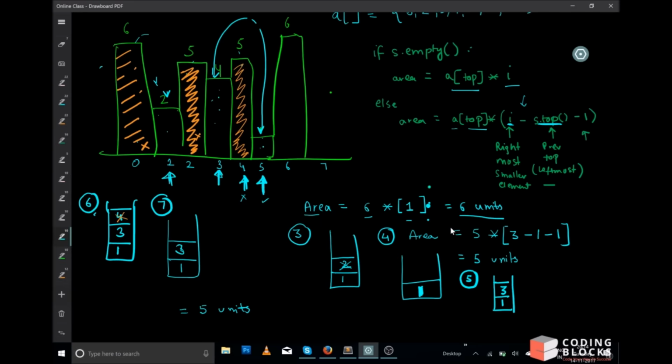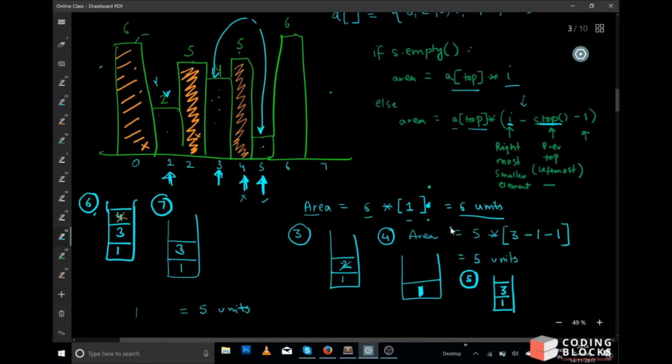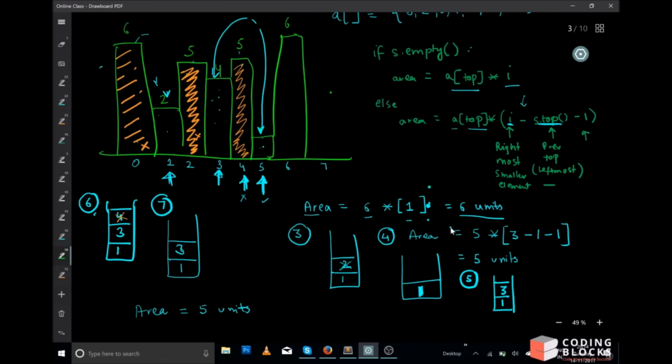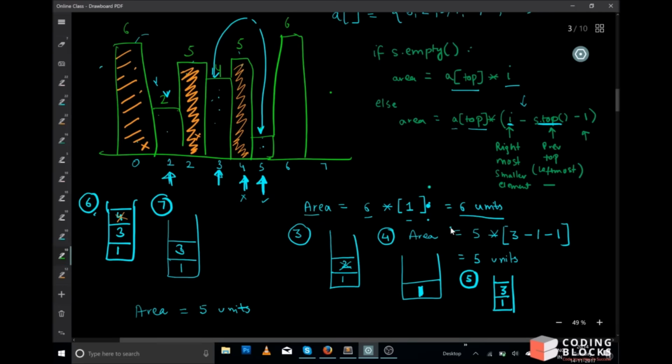We are going to remove it as well. So this was one of the areas we had computed, and now we are going to compute another area, right? So what is the new area now? Let us write the areas we have computed so far. So 6 units is one area, 5 units is one area, 5 units is another area, right?